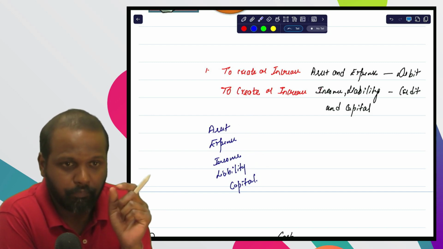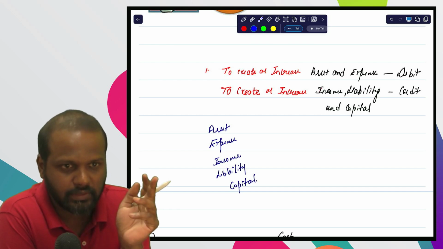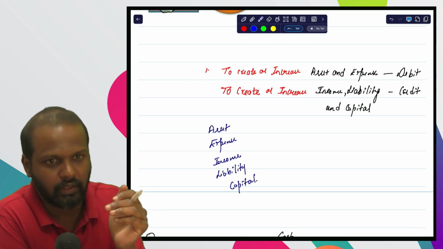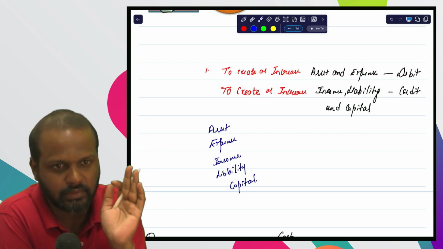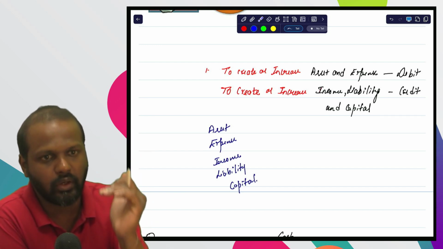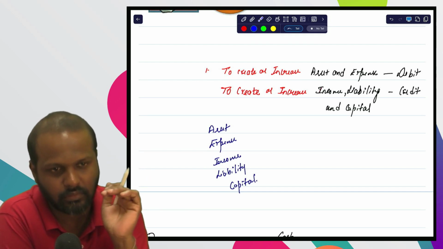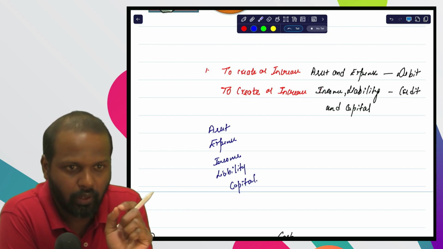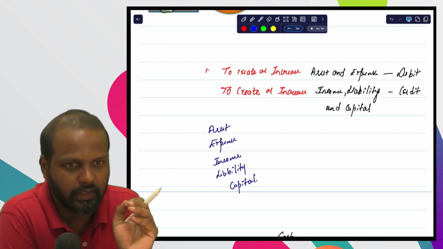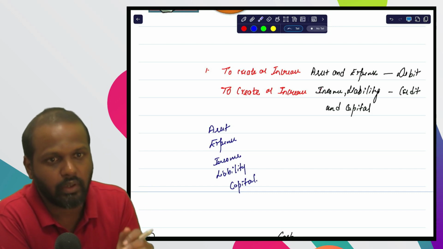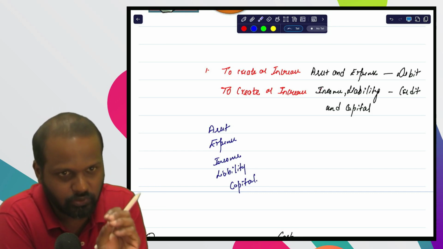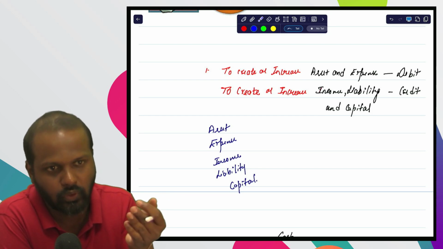Now, because of any kind of business transaction, any of these five things will either be increasing or decreasing. How do we need to record what has increased and what has decreased in books of accounts?